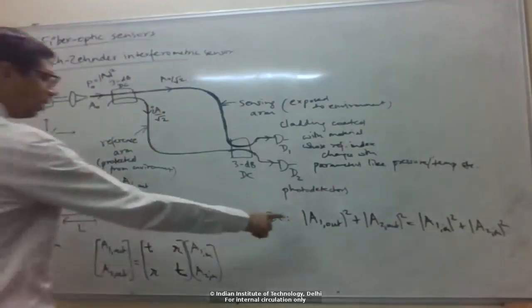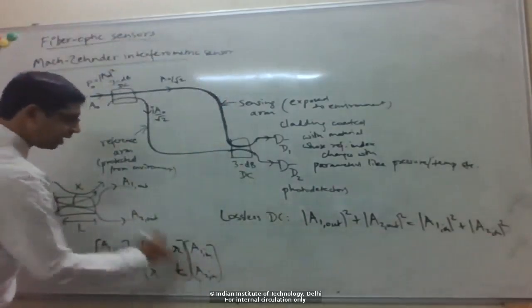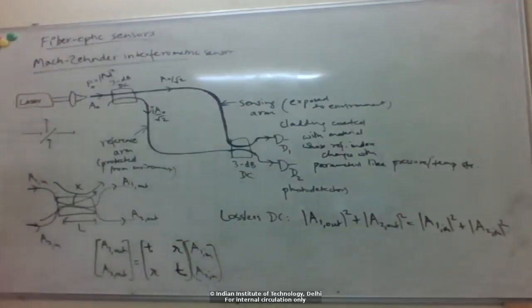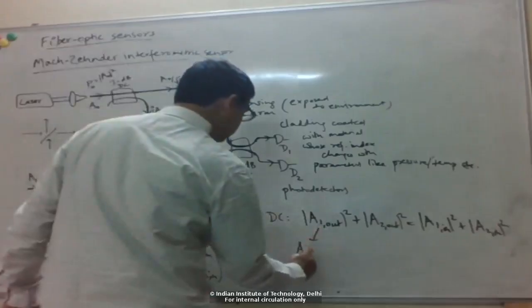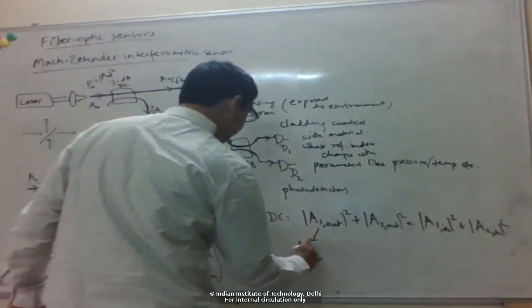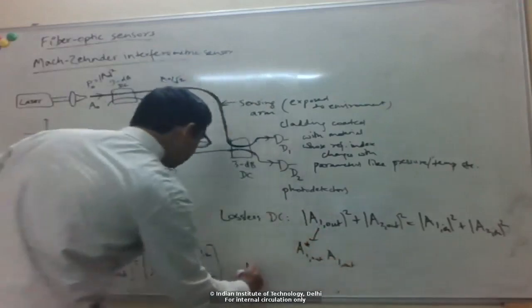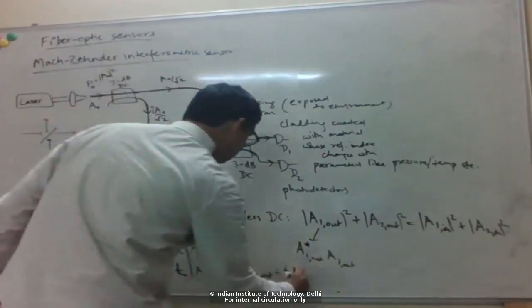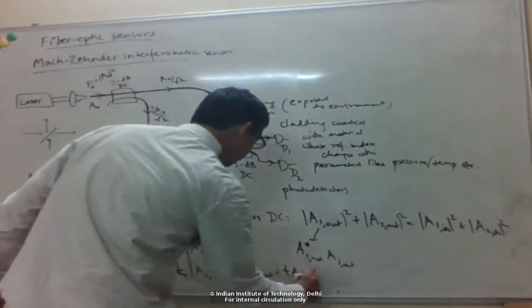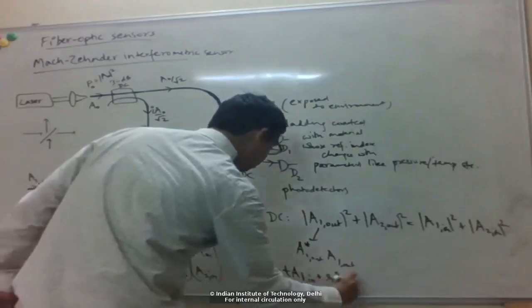So now I can write A1 out and A2 out in terms of A1 in and A2 in. What is mod A1 out square? This is A1 out conjugate times A1 out. And A1 out I can write as T times A1 in plus R times A2 in.